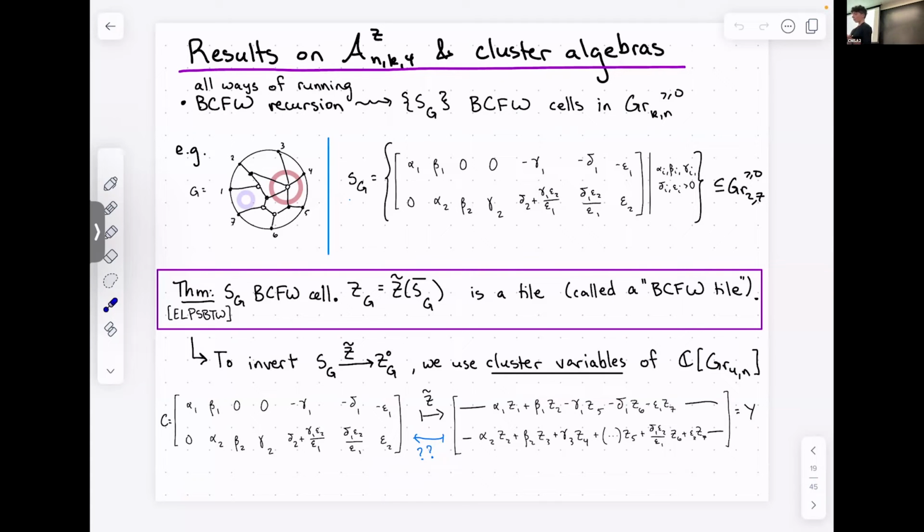In other words, what function can I apply to Y in order to recover alpha 1, beta 1, etc.? The answer is that the functions you should use are cluster variables for GR4N. Not really random functions, but very special generators for this coordinate ring.